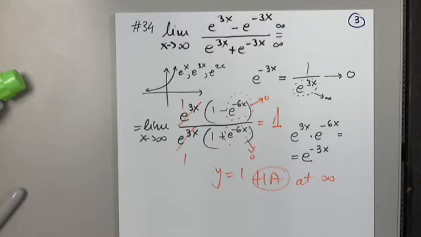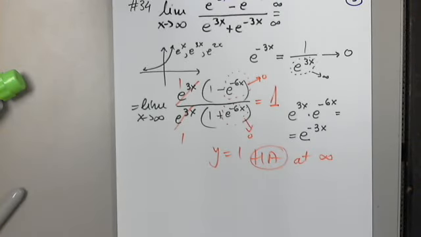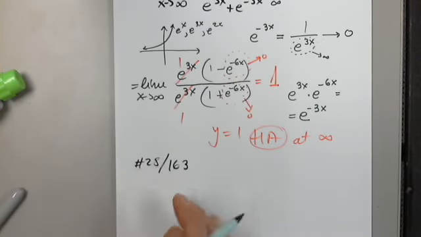Very good. So let's look at another f prime. Yeah, I think we did a square root. I think we did a rational. You want to do another rational? Yeah. Perfect. Let's do 28 on page 163.